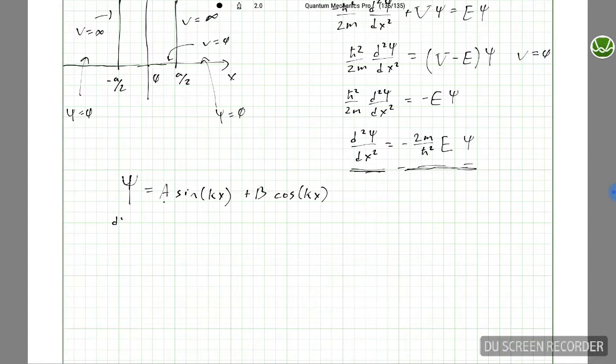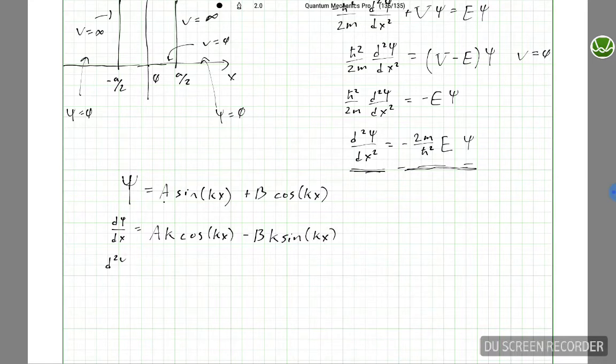Now, if I take the derivative of this, the constant stays the same, and we take the derivative of the inside, kx, which is just k. And then I get cosine, so the derivative of sine is cosine. The derivative of cosine is negative sine.